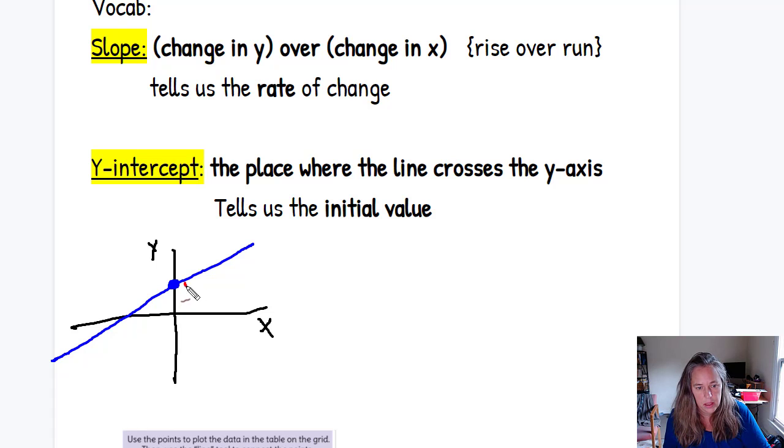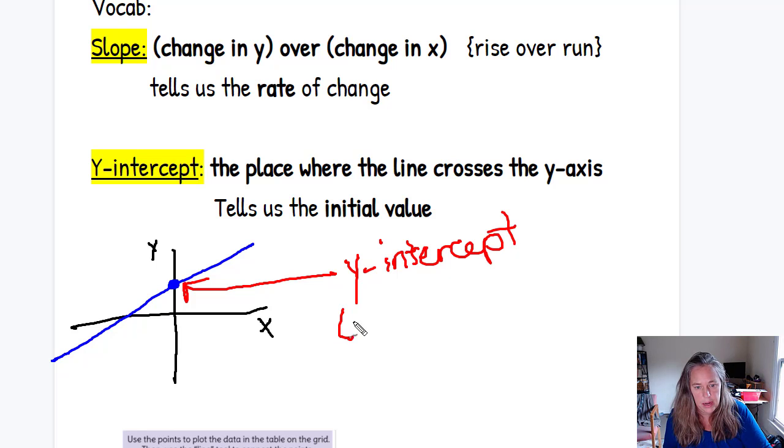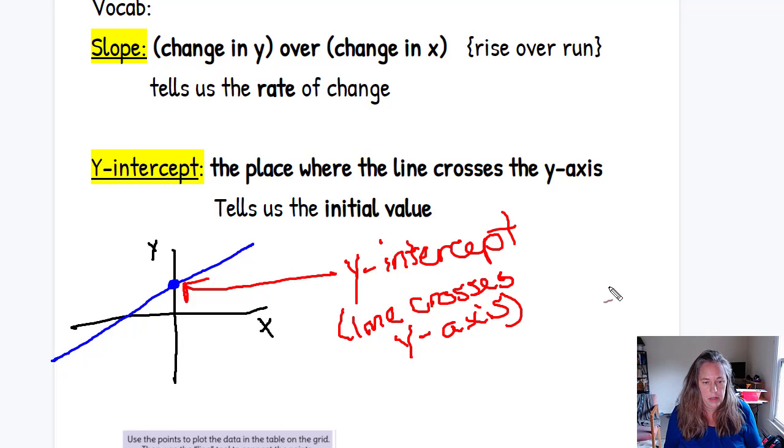Then give yourself an arrow and label it y-intercept. That's the place where the line crosses the y-axis. I'm going to let you pause and take those notes, and then we're going to talk some more.